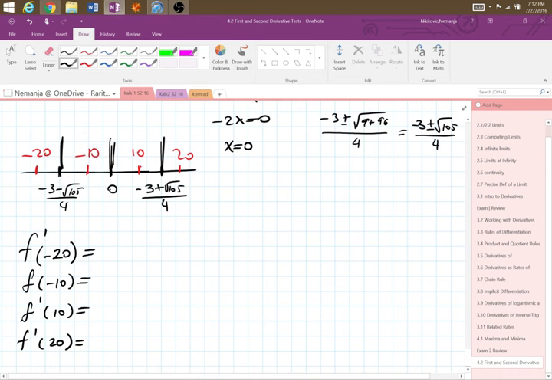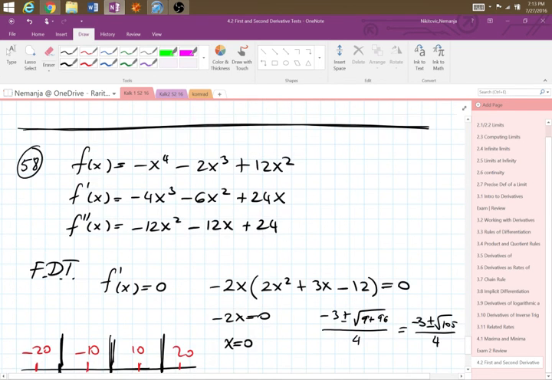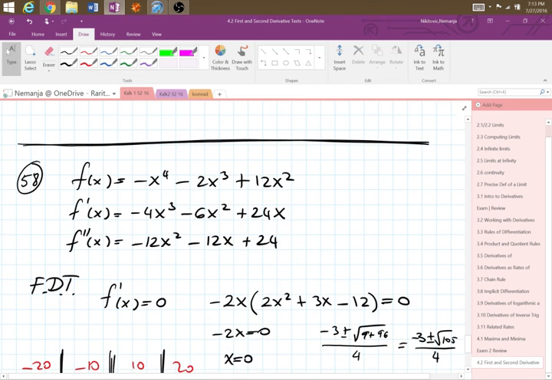All right, let's get this over with quickly. What I'm going to do is type this in a calculator as a function and quickly compute. So negative 4x cubed minus 6x squared.